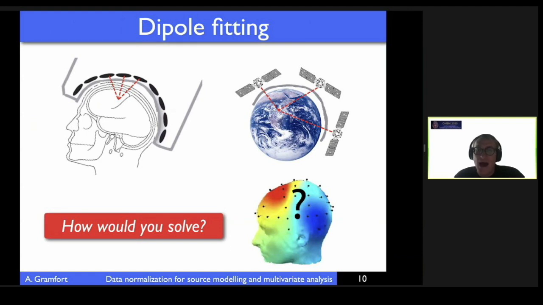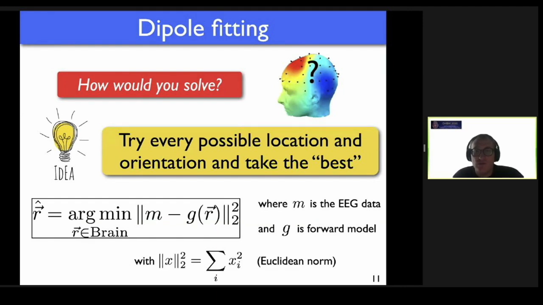So now, how would you solve this practical problem? You can use a rather brute force idea, but at least it gives you an idea of how to proceed. The idea is to test every possible location inside the brain for every possible orientation and take the best.